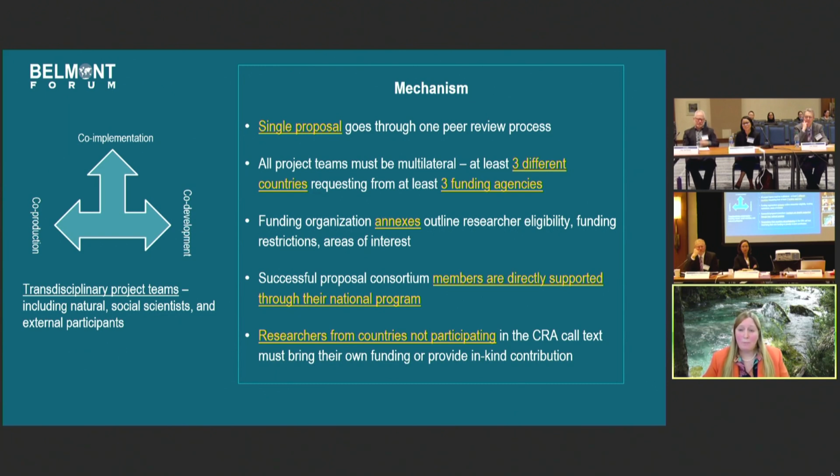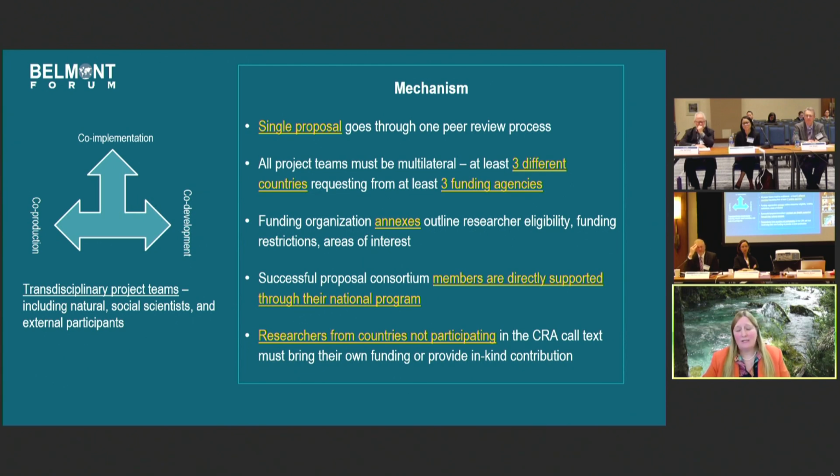It goes through one peer review process. And for any researchers out there in the field, they know that that is actually a big step forward. All project teams, as I said before, must be multilateral. For us, that means researchers from 3 different countries requesting from at least 3 different funding agencies participating in the call.